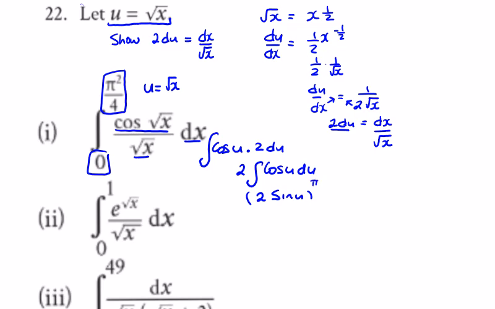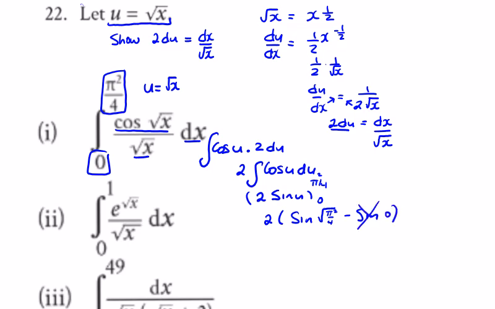between pi squared over 4 and 0, and u is equal to root x, so twice the sine of root x. U is root x, so we're going to have the square root of pi squared over 4, minus the sine of 0, which is 0.